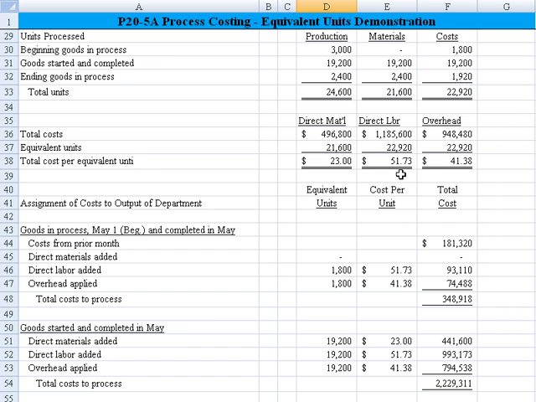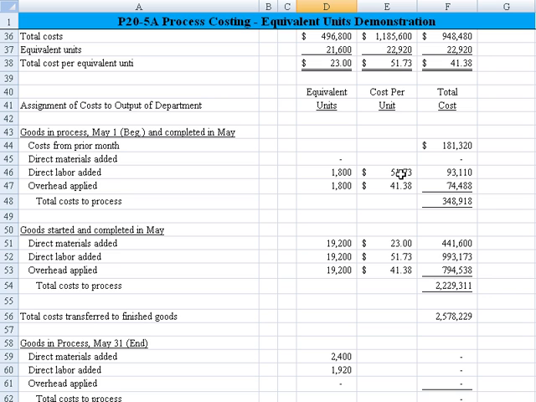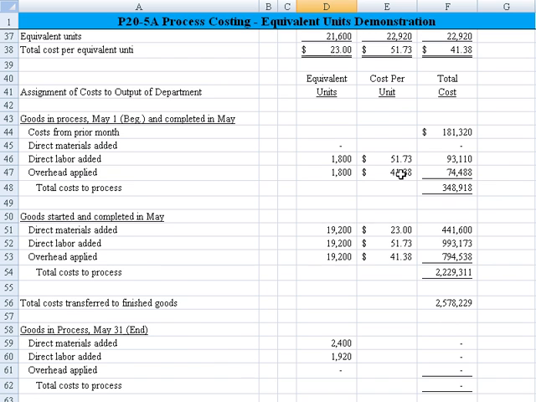So I'll hit enter, and you'll see in this cell it references cell F32, and the overhead will also reference cell F32. So I'll just type that in. And now we enter those costs again. Now we've already computed them above, so I'll just pull them from here this time. But really they come from those cells right here.